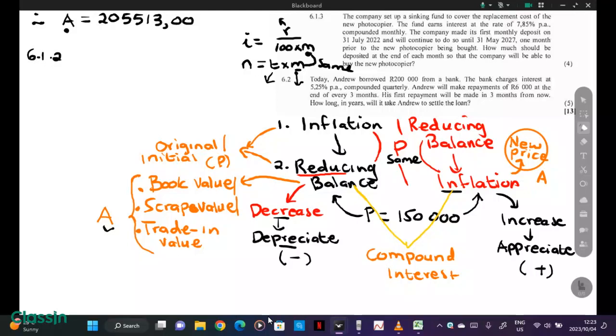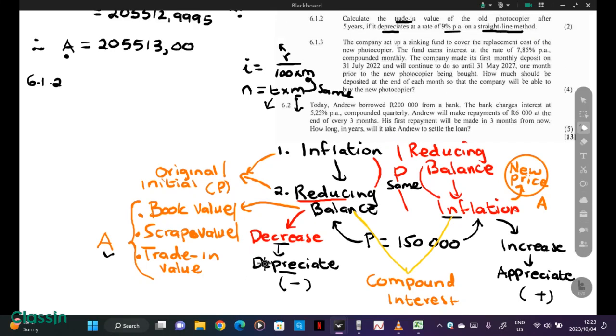When we go through our questions, the type of interest that was used here was not compound interest, especially on 6.1.2. It was simple interest. The reason why it is simple interest is because they said a straight line method. A straight line method is the same as simple interest.